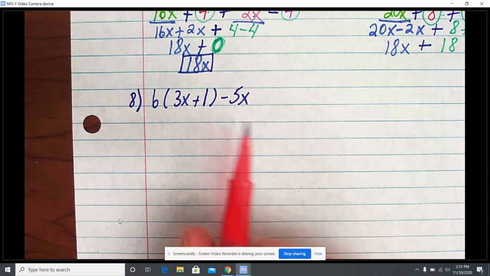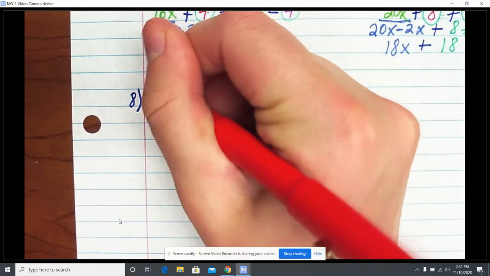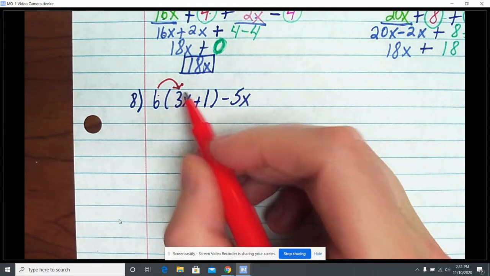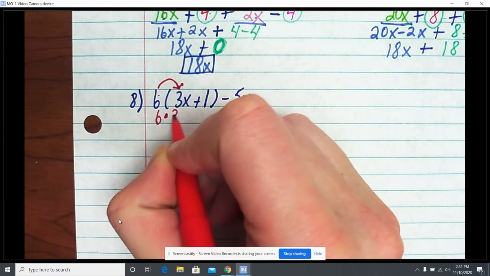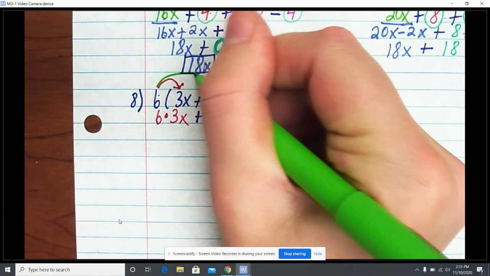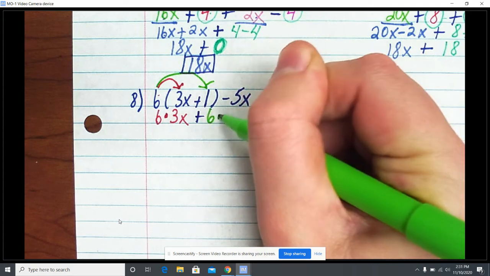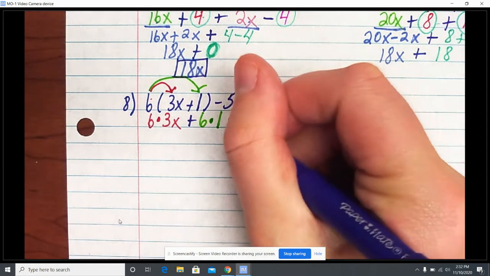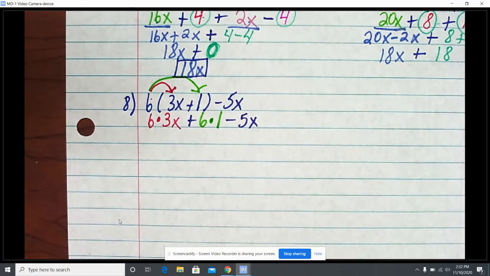I'm going to ignore my minus 5x for now, and I'm going to focus on this. So, distribute out my 6 with my 3x, which means I'm taking 6 times 3x, plus, and then distribute out my 6 with my 1, which means I'm taking 6 times 1. And I'm going to go ahead and drop down my minus 5x.